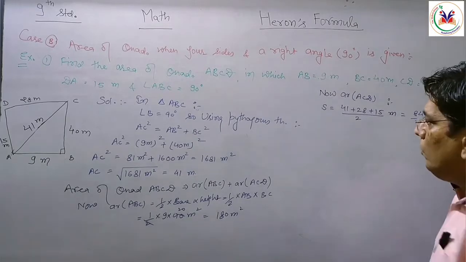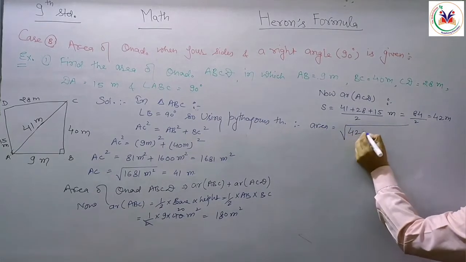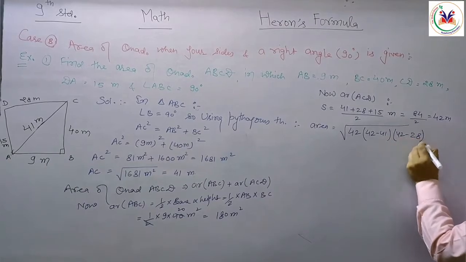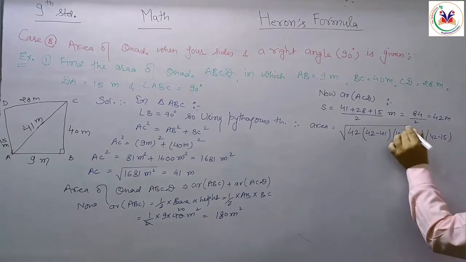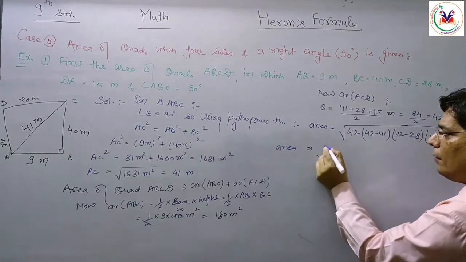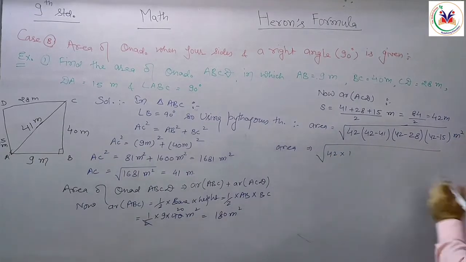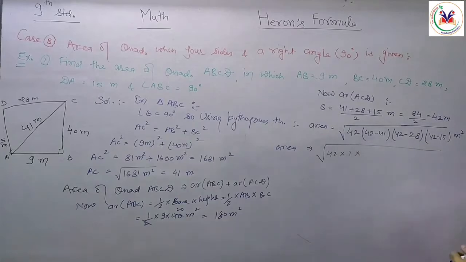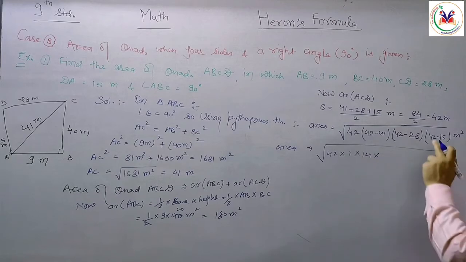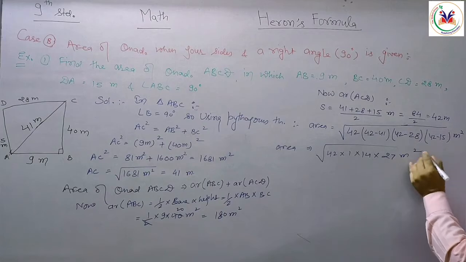Am I right? Now area 42 into 42 minus 41, 42 minus 28 and 42 minus 15 meter square. Again area 42 into 42 minus 41 equals to 1, 28 क्या आएगा आपके पास 14, 15, 12 minus 5 7, 3 minus 1 2, 27 meter square.